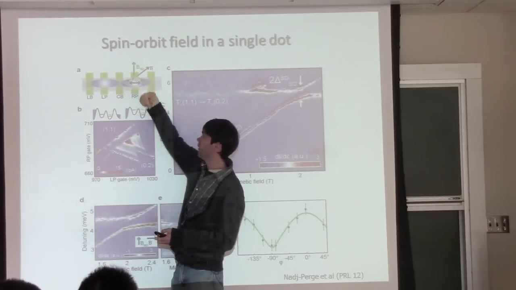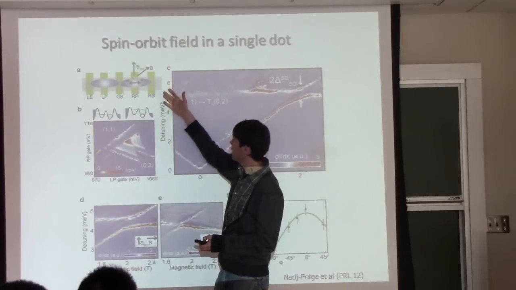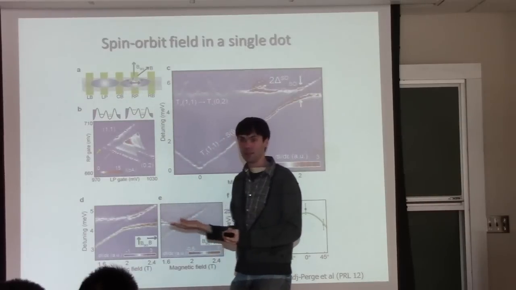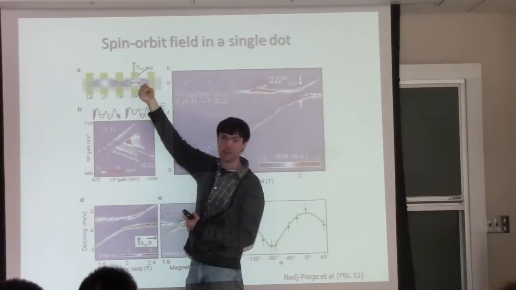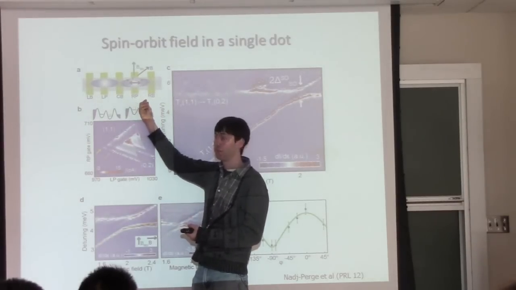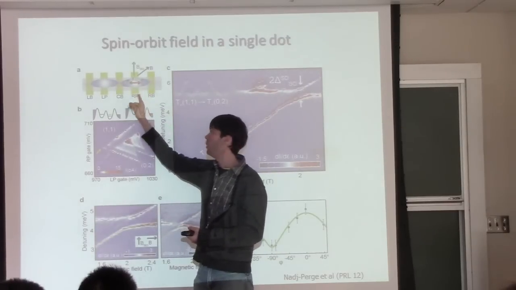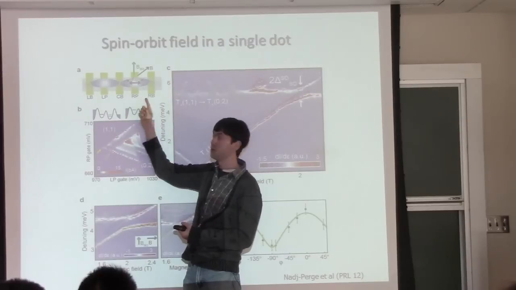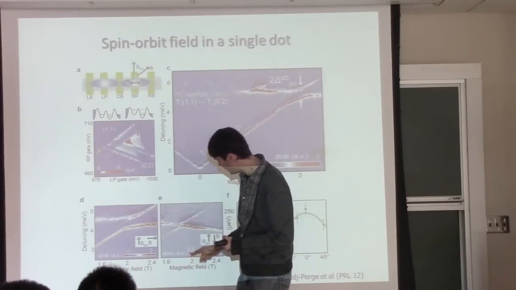Actually, there are many perpendicular directions, but the way we made these devices, it's lying on the gates, it's lying on the substrate, so very likely the symmetry is broken this way. So the structural inversion asymmetry field, the Rashba field, would be pointing perpendicular to this electric field and perpendicular to the momentum, so it only can point in this direction. That's a 90-degree angle over here.